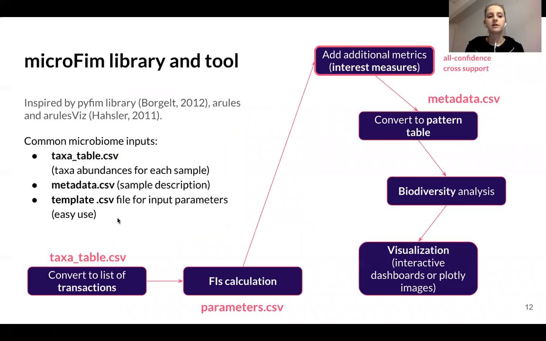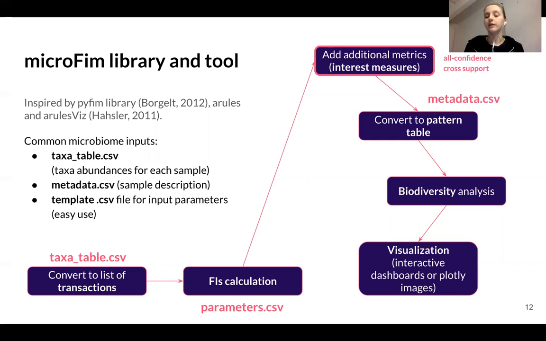So for this reason, I decided to implement a Python library that uses the common microbiome inputs and then calculates the item sets and performs some similar microbiome analysis with the patterns. The taxa table, where we have abundances for each sample, is converted into a list of transactions. Then we have the calculation of frequent item sets using the parameters, and we have template files to simplify this procedure.